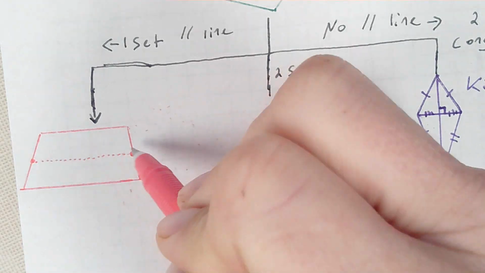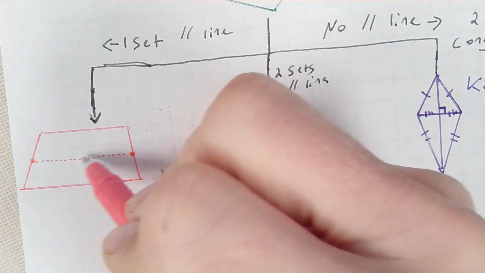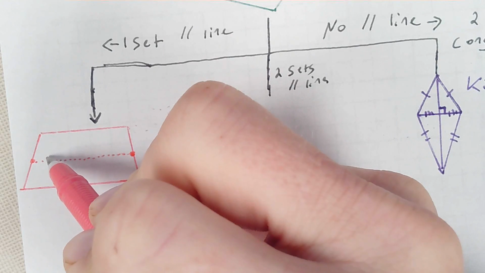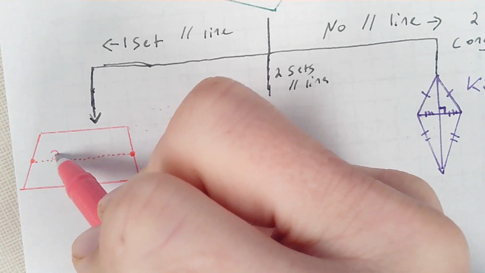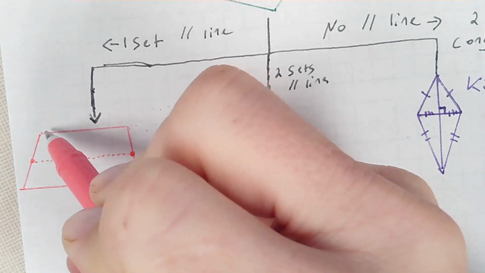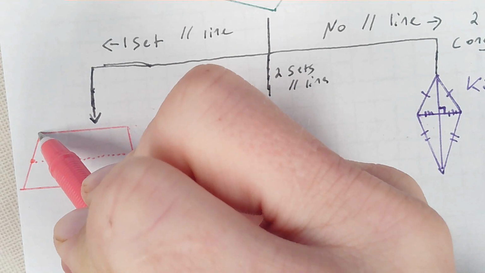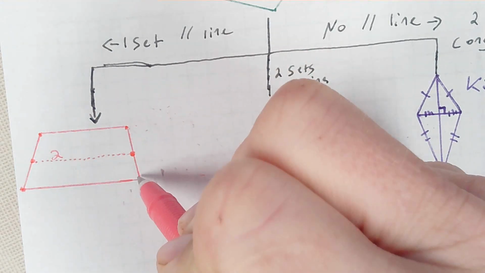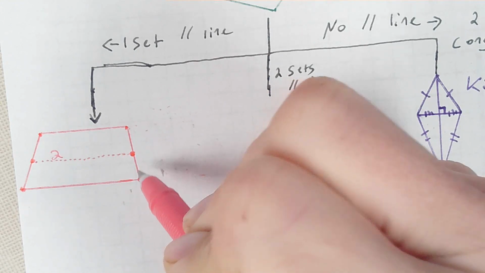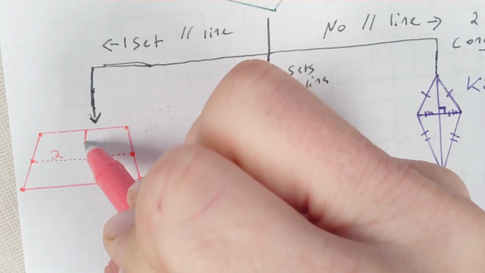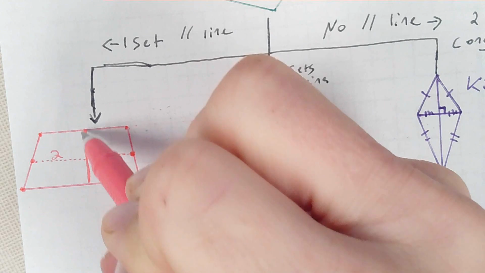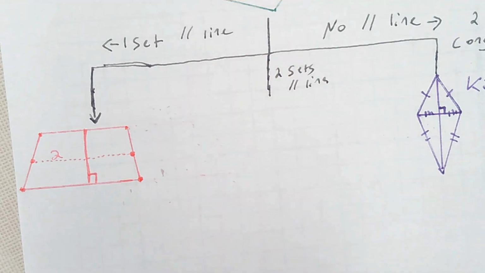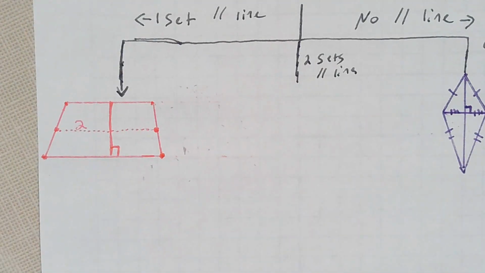If this is a midpoint of this, and this is the midpoint of this, the line here is going to be half the sum of this line and this line. And then this is the altitude right here, if you remember all those different things.